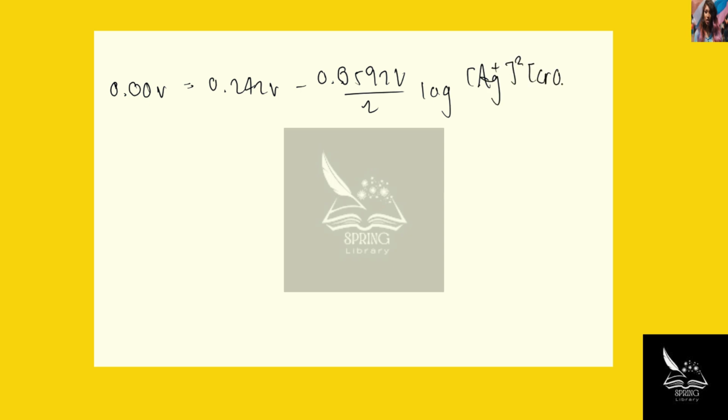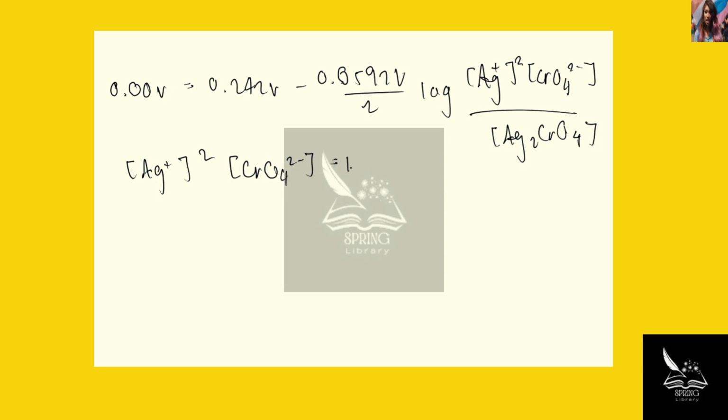So what we have is 0.00 volts is equal to 0.242 volts, subtract 0.0592 volts divided by 2 log Ag plus squared CrO4 2 minus divided by Ag2CrO4, where we solve for Ag plus squared CrO4 2 minus, that is equal to 10 to the 8.1895, and that is equal to 1.55 times 10 to the 8, and 1.55 times 10 to the 8 is the solubility product for Ag2CrO4.